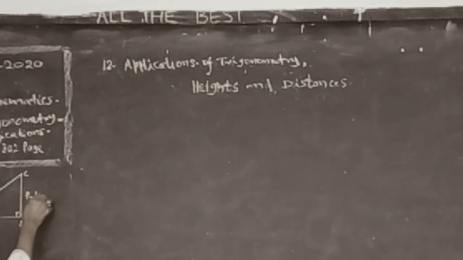Pole: height of the pole is 15 meters, length of the shadow is 15 root 3 meters. Shadow. He is asking the angle of elevation of the sun with the ground at the time. Here theta we have to find.